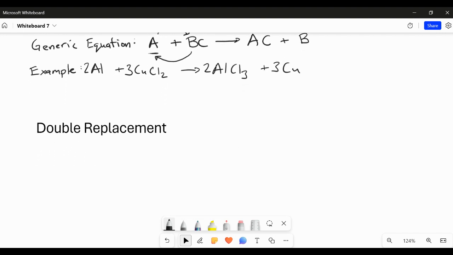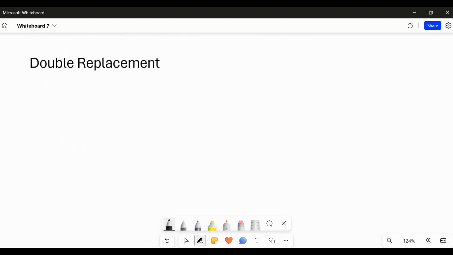Now let's look at a double replacement reaction. A double replacement reaction is very similar to single replacement, except it involves two compounds. So double replacement must start with two compounds.